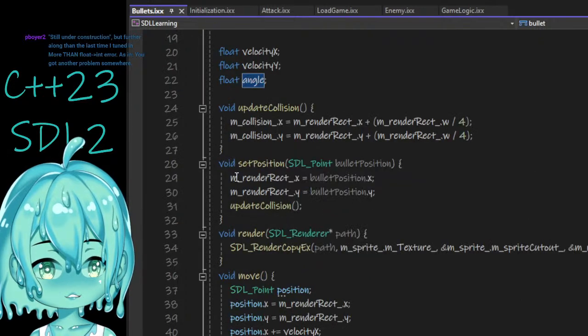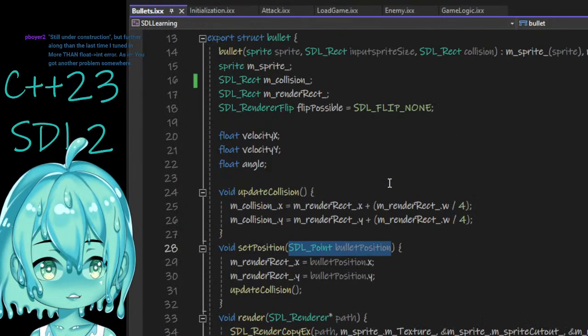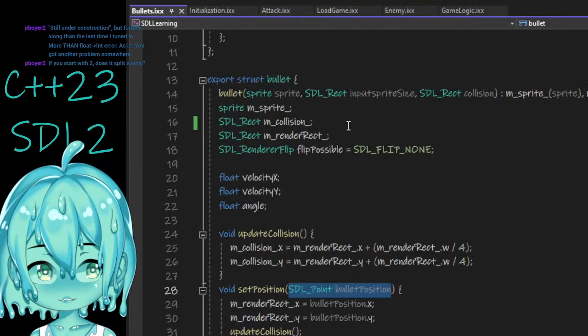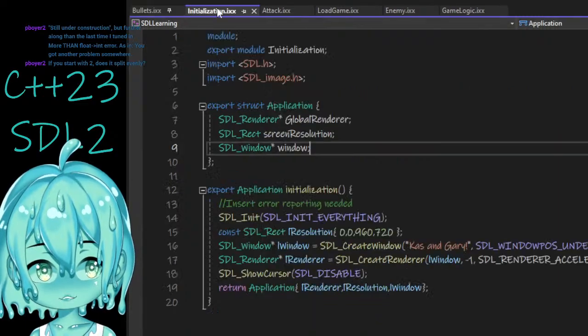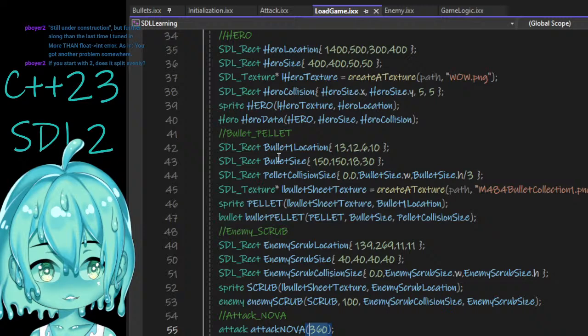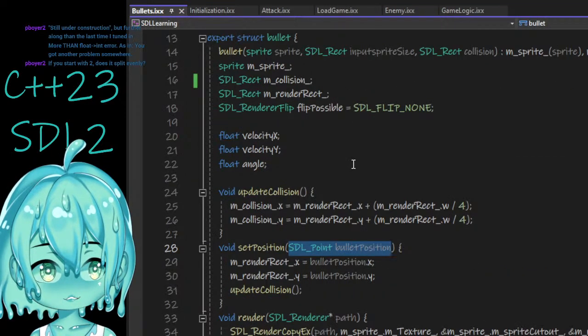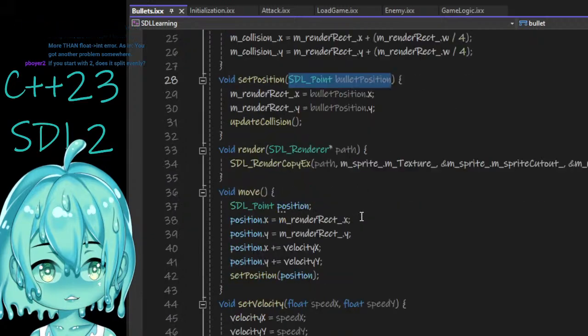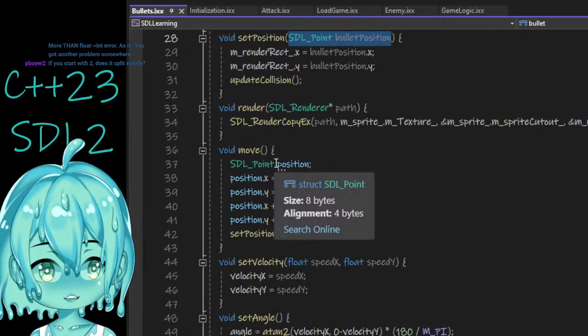Position is an SDL point, bullet position, which is under load game, which is, oh, not here. Wait, what? SDL point position.